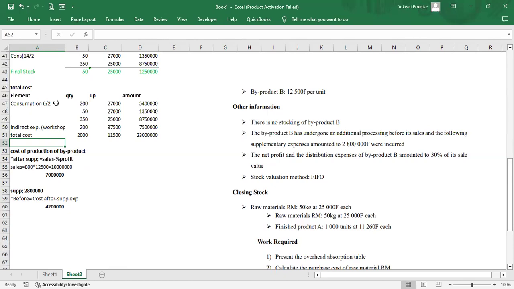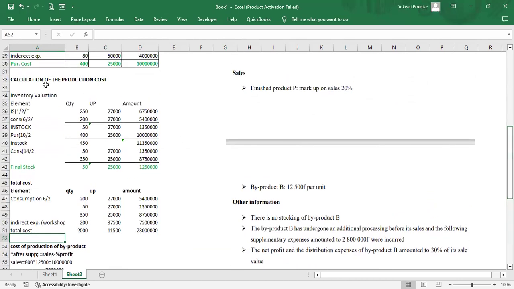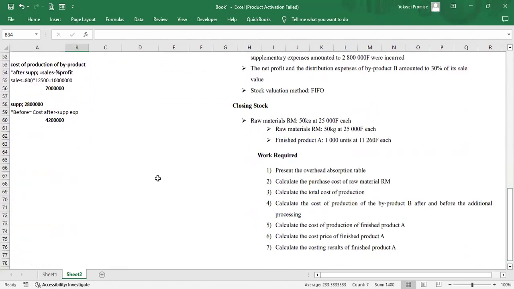If the finished product was included, we could have added it here. So instead of going again and doing the same thing, inventory valuation for the calculation of production cost, we do not do it before because we did it already. So from here, we are just going to proceed.